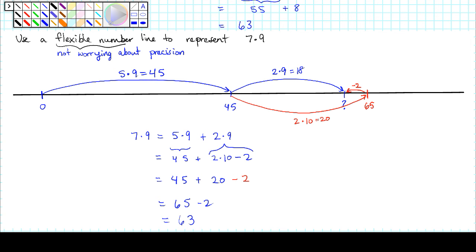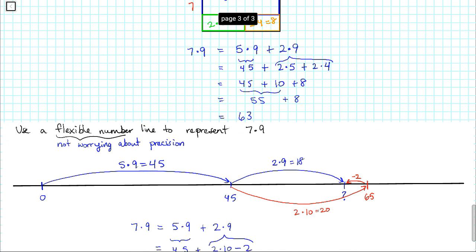And also, I think 18 is less than half of 45, and I feel like this length here is more than half of this length. So this number line representation is not to scale. It gives me the idea of the calculations that I'm doing without necessarily representing the exact sizes of the numbers.